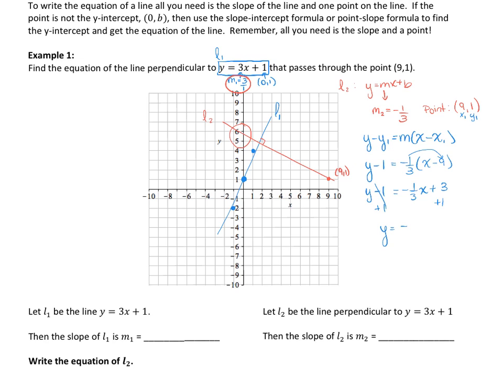So we get y equals negative 1/3 x plus 4. The line perpendicular to y equals 3x plus 1 is y equals negative 1/3 x plus 4.